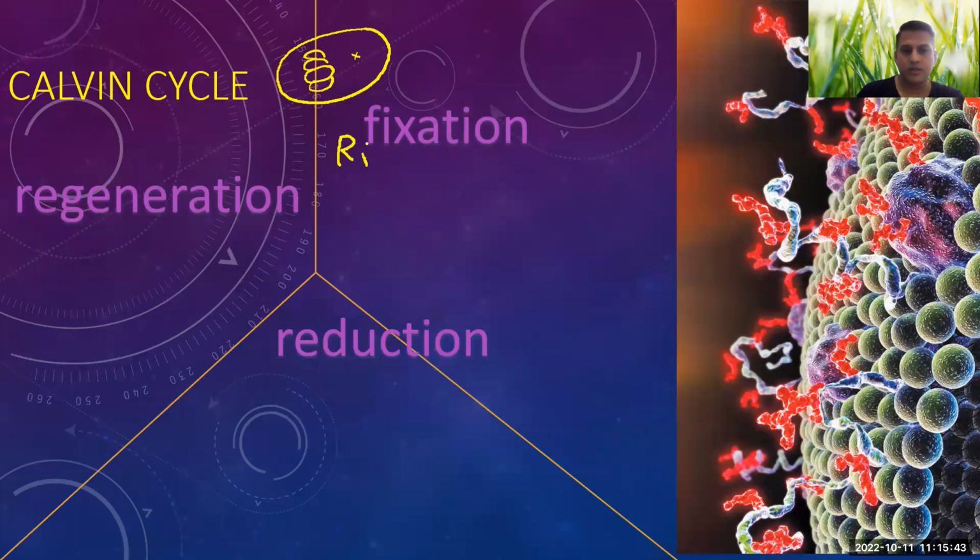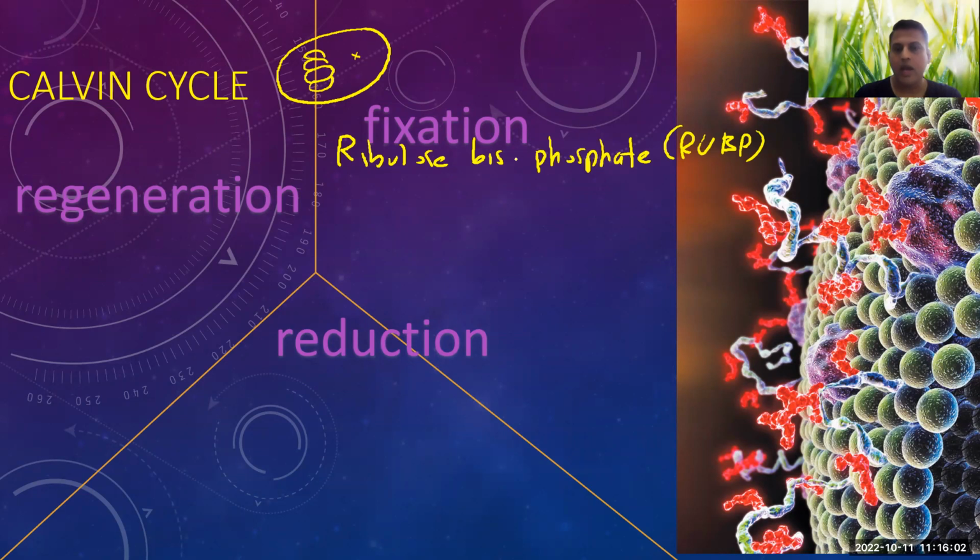We write the abbreviation for this one as RUBP. RUBP is the abbreviation for ribulose bisphosphate, and ribulose bisphosphate has 5 carbons. It is a compound with 5 carbon number.